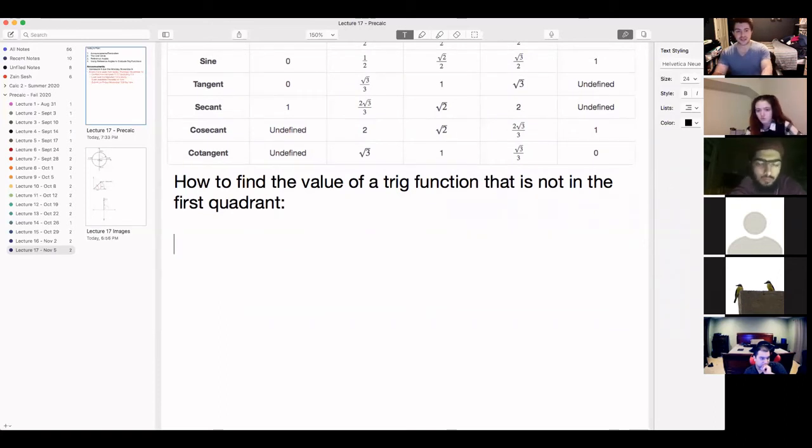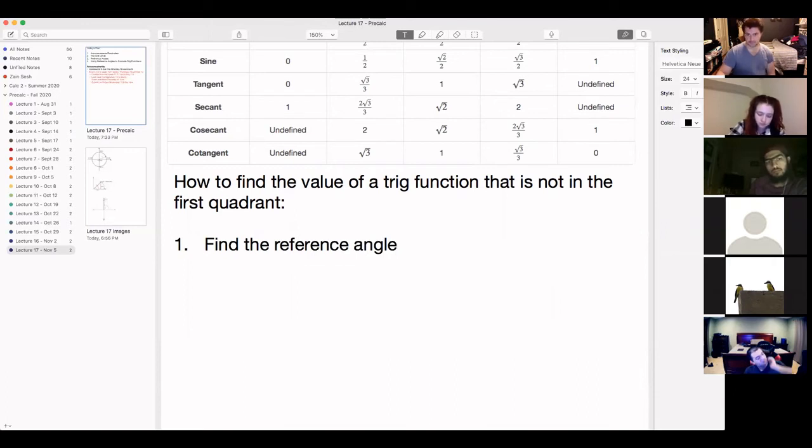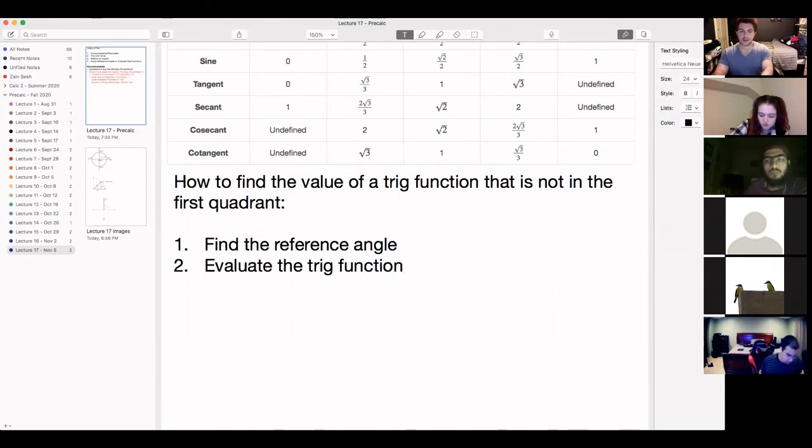Here are the steps, and they're really not that bad. Step 1: find the reference angle, which we know how to do. Step 2: evaluate the trig function at the reference angle.